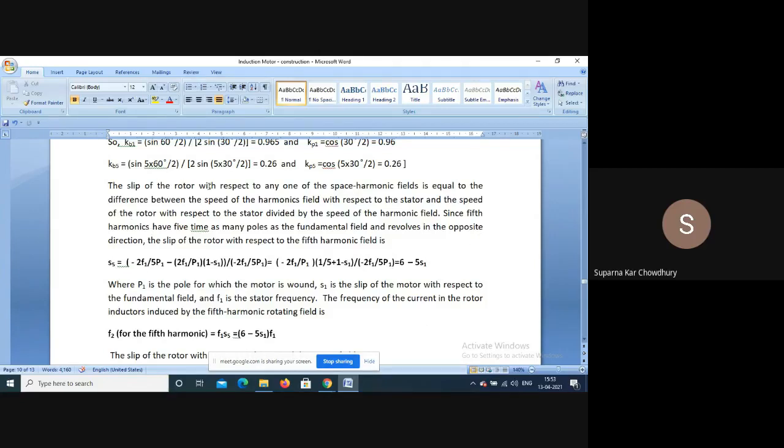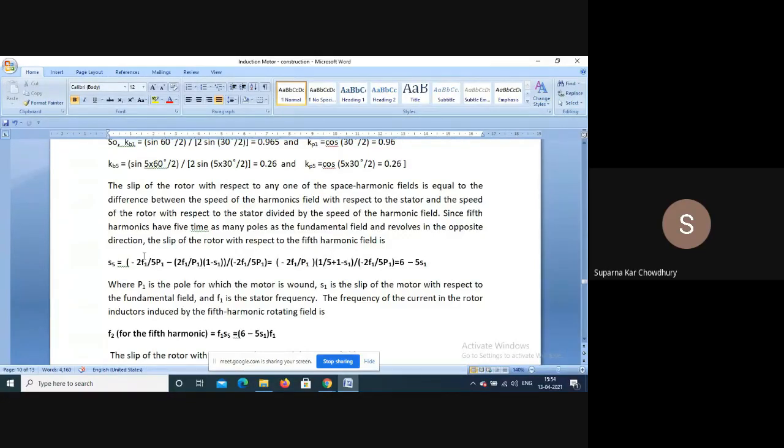There is a relative speed between the stator and rotor itself, so these two speeds have to be considered and divided by the speed of the harmonic field.